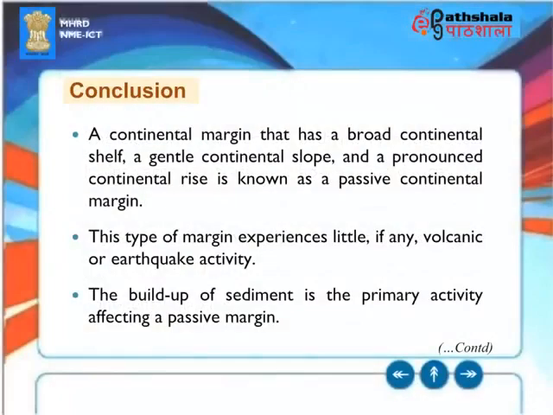A continental margin that has a broad continental shelf, a gentle continental slope, and a pronounced continental rise is known as a passive continental margin. This type of margin experiences little, if any, volcanic or earthquake activity. The buildup of sediment is the primary activity affecting a passive margin.